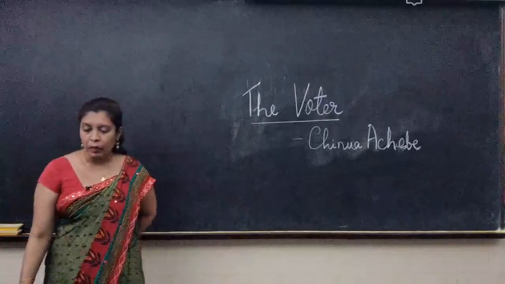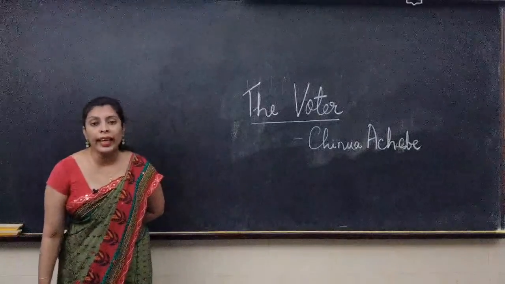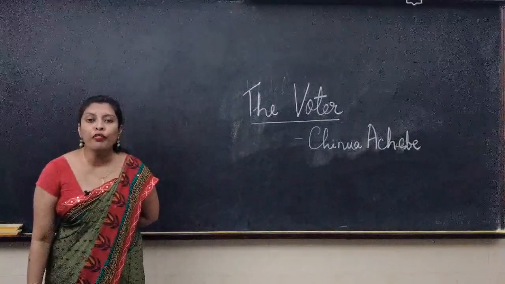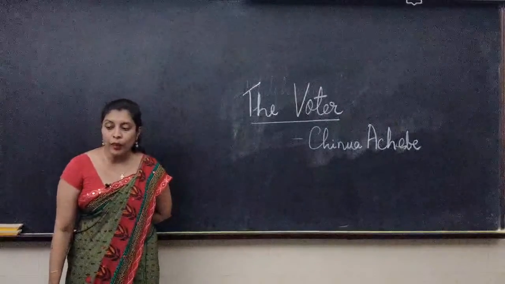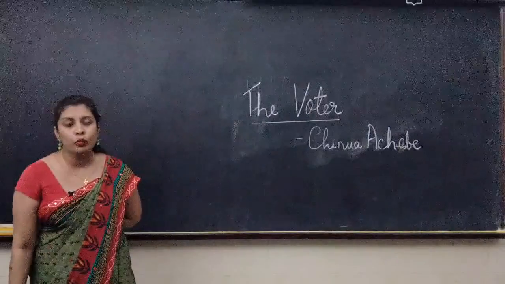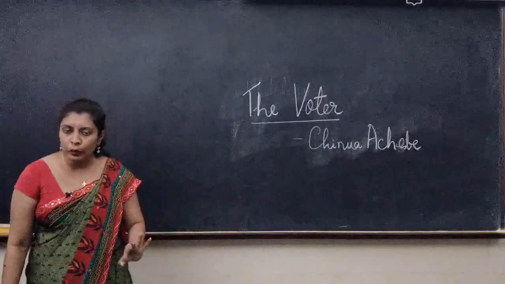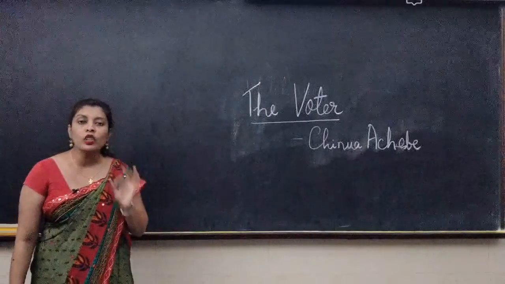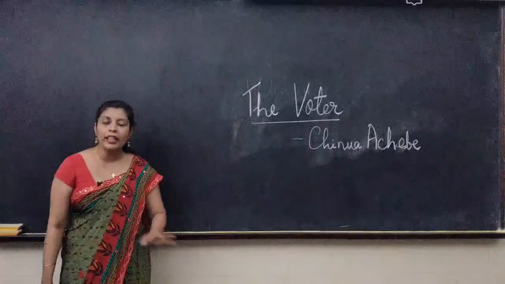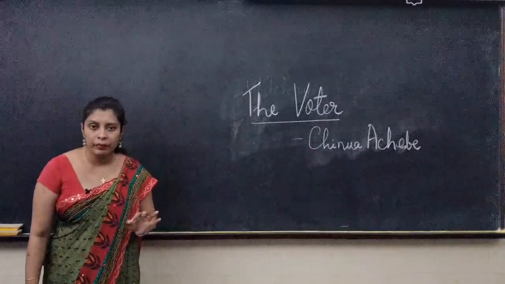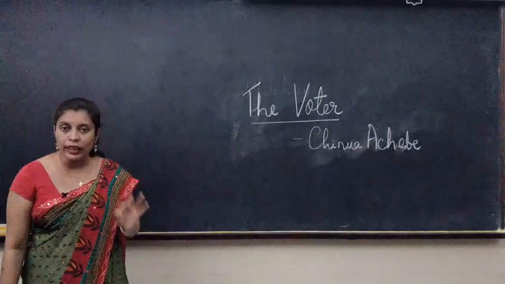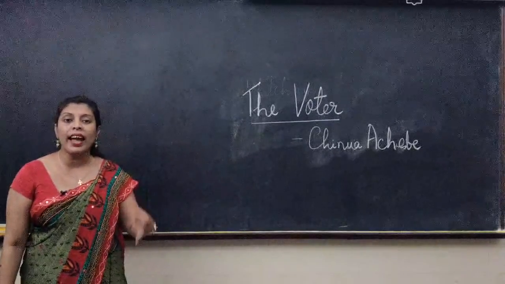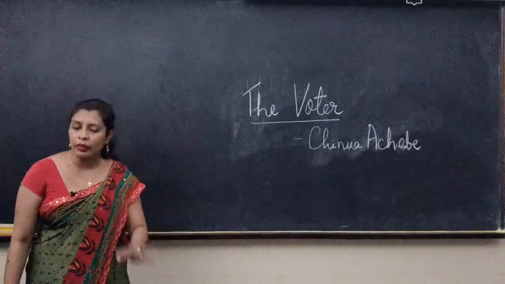Now, underline Rufus O'Cake. Rufus O'Cake, Roof for short, was a very popular man in his village. I told you, the author is talking about a young man, Rufus O'Cake, a very young and efficient party worker.